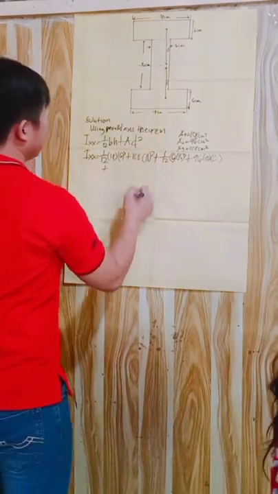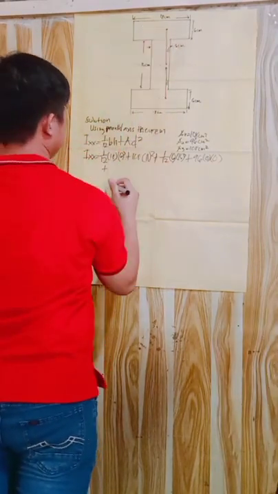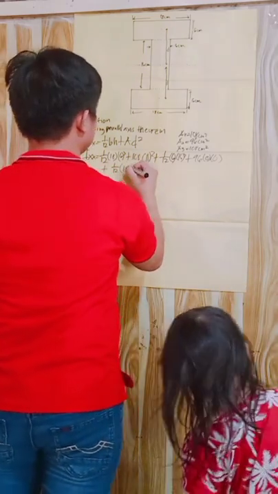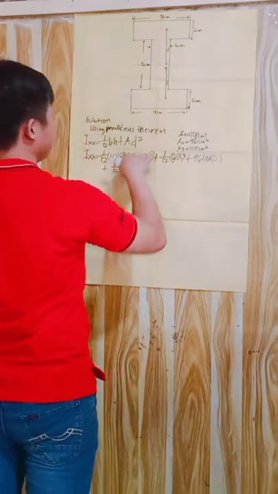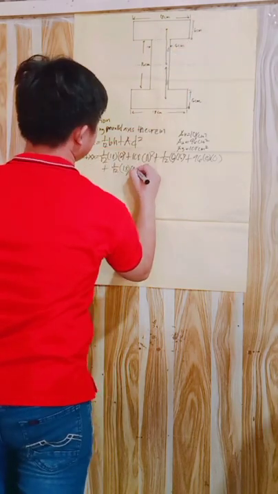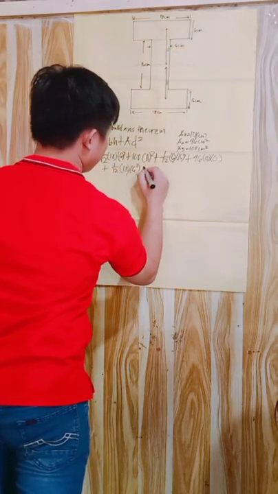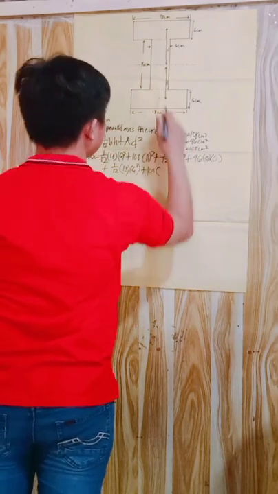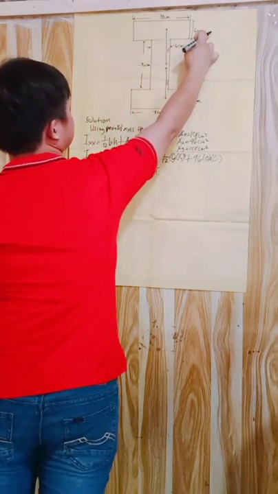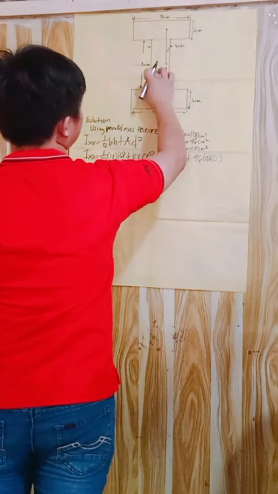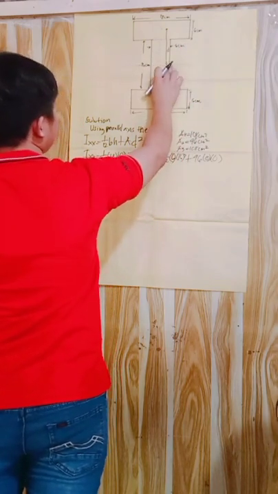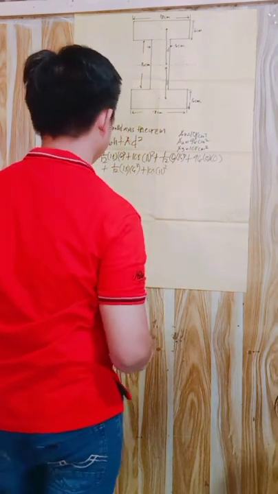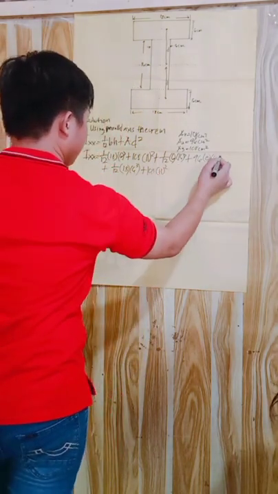Then area 3: 1 over 12 times 18, which is the base, times height cubed, plus the area, which is also 108, times the distance. So 6 divided by 2 is 3, then 16 divided by 2 is 8. 8 plus 3 is 11, and squared. So this will be cancelled.